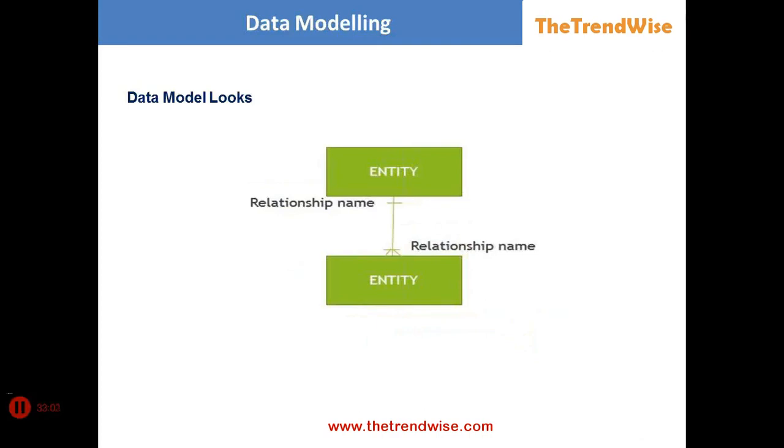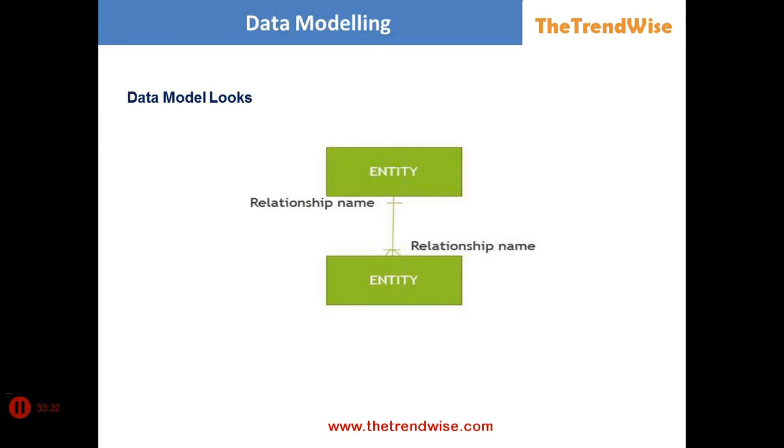There are generally a few terminologies used, and many organizations in the data modeling world have different terminologies. We will use some standard ones that are used all across and understood very well. Firstly, there is something called an entity, and there is a relationship between them. This is how a very simple model would look.